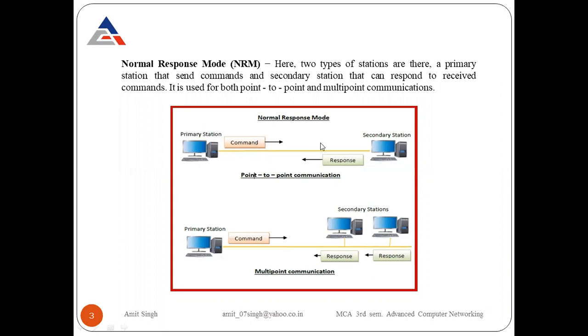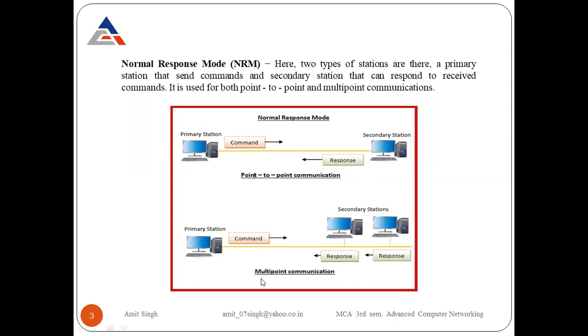The commands are received by the secondary station, and it sends the response regarding these commands. This is the functioning of the normal response mode, and this form is known as point to point communication. Point to point communication means single node to single node communication. Whenever there is one sender and one receiver, you can say it is point to point communication or node to node communication.